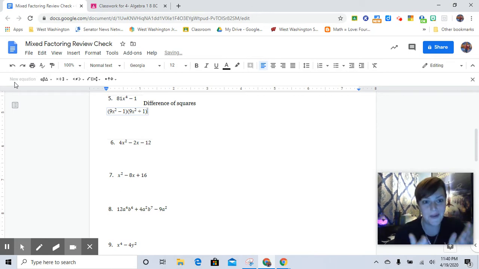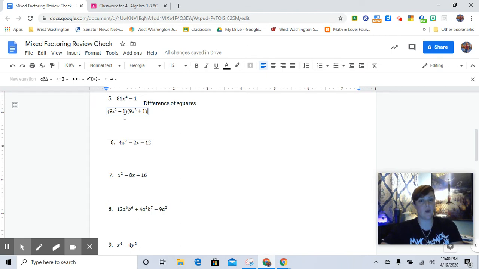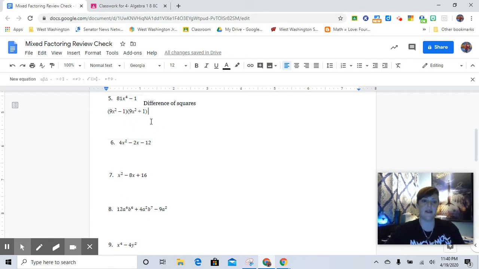Now, who caught this one? 9x squared minus 1 is another difference of squares. And I think whenever I looked through all of the papers, I only saw 1 or 2 people that factored it all the way. So 9x squared plus 1, sum of squares, not a thing, right? But 9x squared minus 1, that can be factored again.